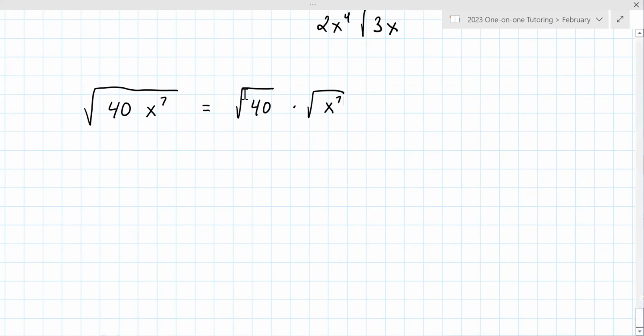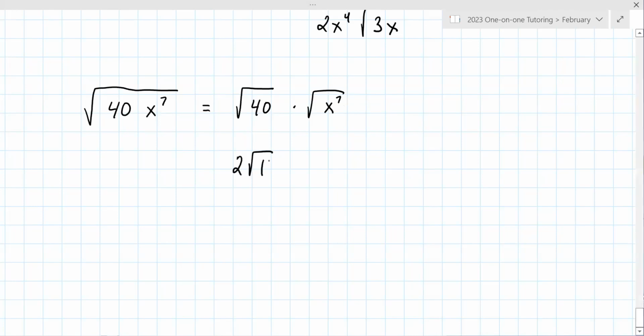So I'd like you to reduce the square root of 40. We got 2 times the square root of 10.